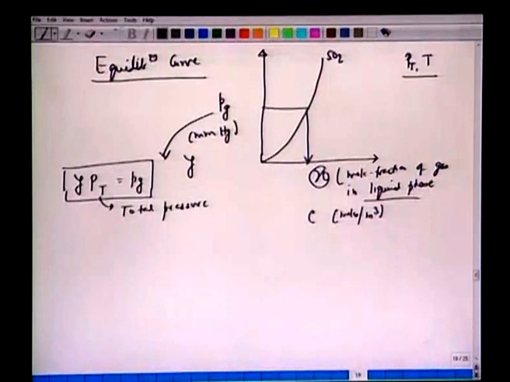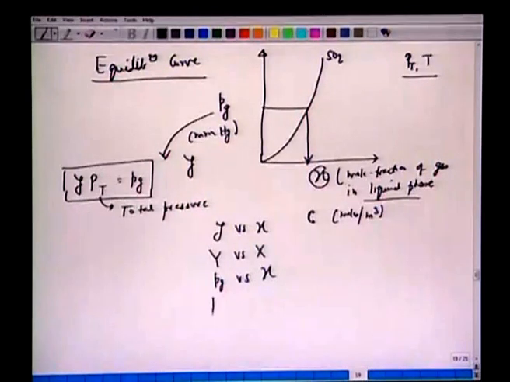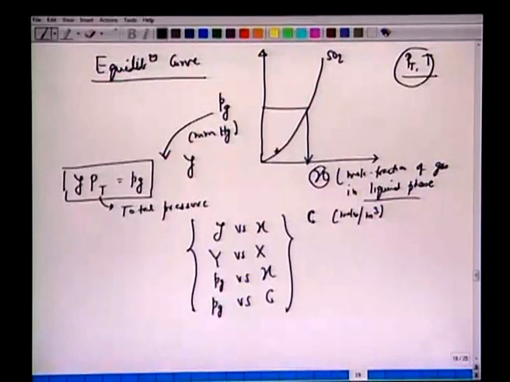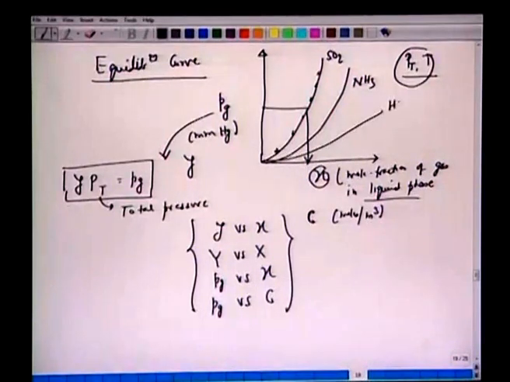So, there are different ways of writing these concentrations: either y versus x, capital Y versus x, Pg versus small x, or Pg versus concentrations, different ways of writing all these equilibrium curves. The idea is that given pressure and temperature, such data are known to us from certain handbooks or from certain calculations. Similarly, we will have a different curve for ammonia. Similarly, you can have a different curve for HCl.